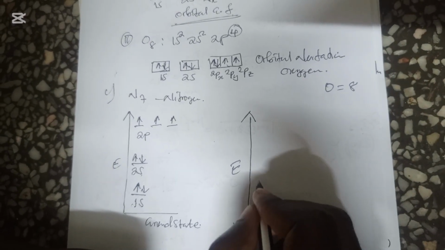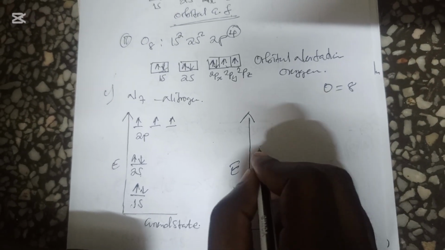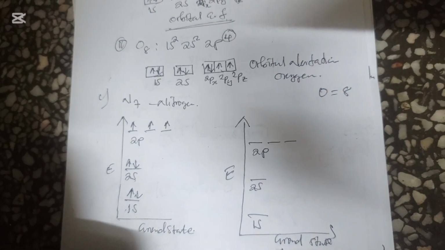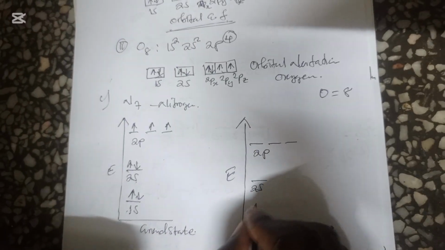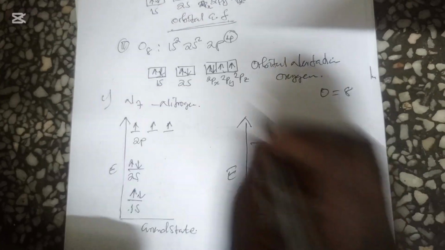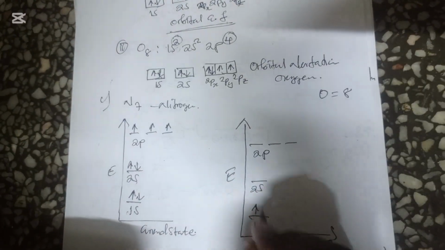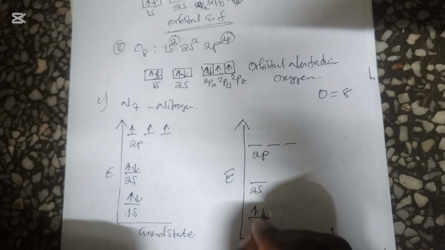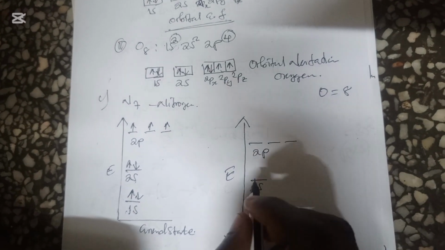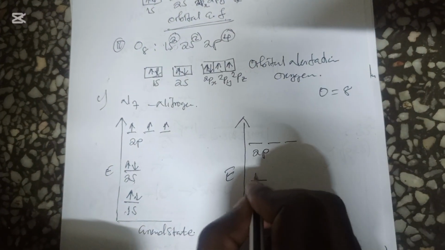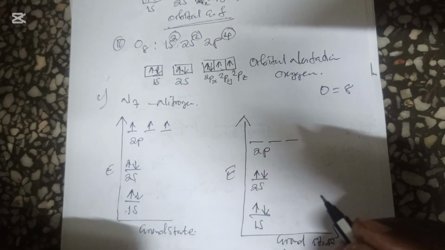So 1s, 2s, 2p. Now p has 3 suborbitals. If you check properly here, we have 2 electrons in the 1s orbital, one pointing up, the other pointing down. You come to 2s, which has 2 electrons as well, one pointing up, the other pointing down.